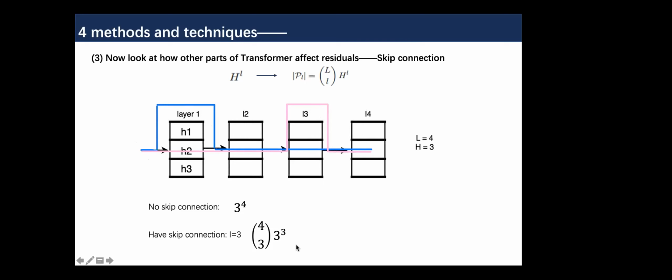So we have many choices: we have 4 layers in the whole model, we choose 3 of them, and the rest have 3 to the power of 3 paths. This is just one situation, and L can be 0, 1, 2, 3, 4. So you also have many more paths than the no-skip-connection case.